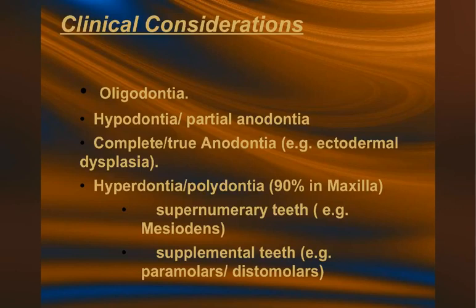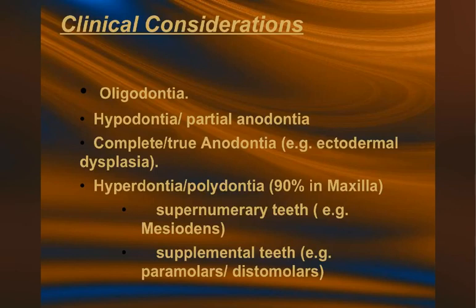Oligodontia. First of all, we should talk, in general, about anodontia. We have two types of anodontia. We have partial anodontia and complete or true anodontia.